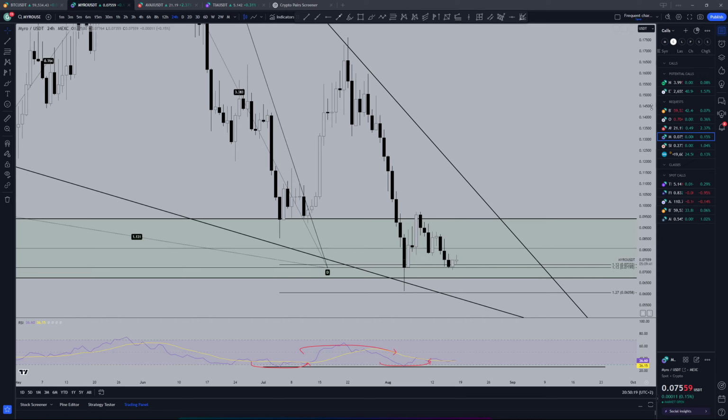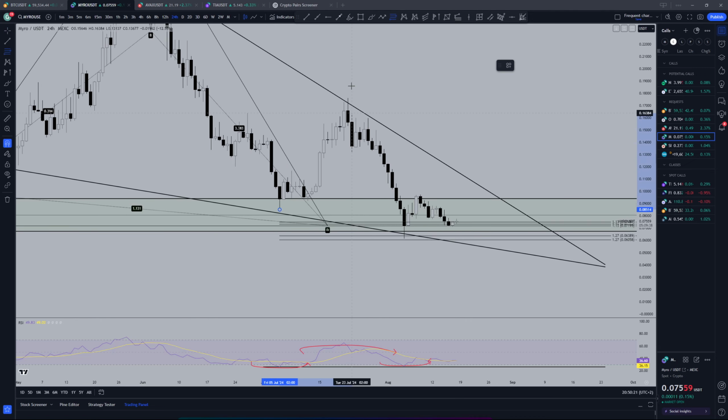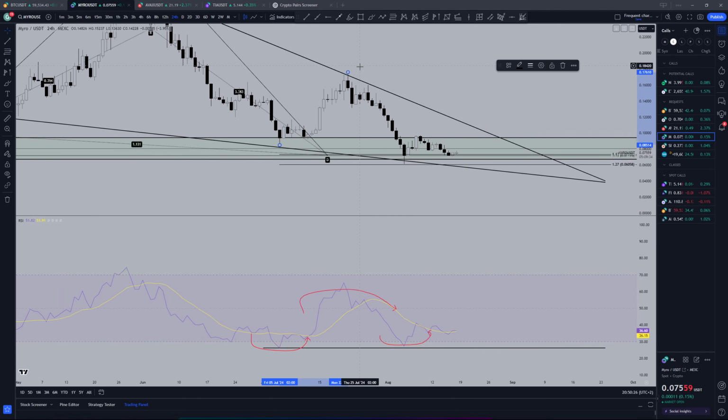Then we can pull that fib: from our oversold point, right over here, to our highest point on the RSI. You can also use the highest point of price action. You will see that by the fibs moving, it will give you the same result. Either the 1.272 touches perfectly, or the 113 does. So it doesn't matter that much.